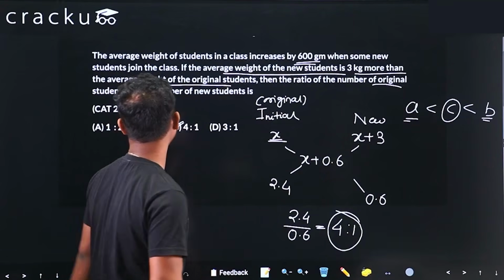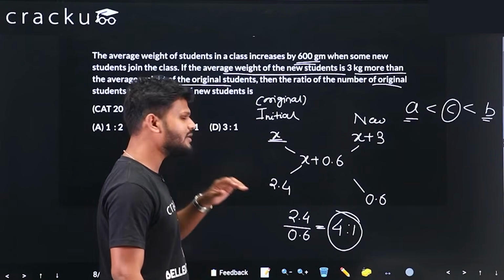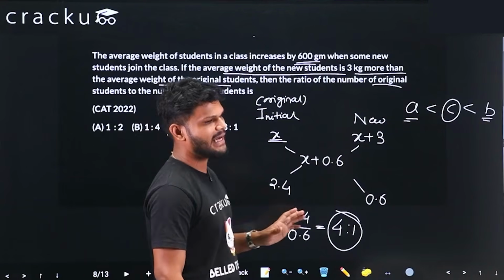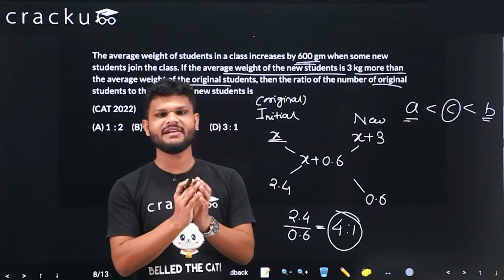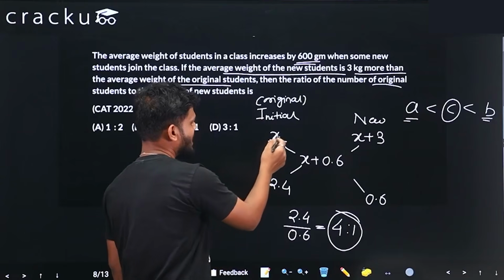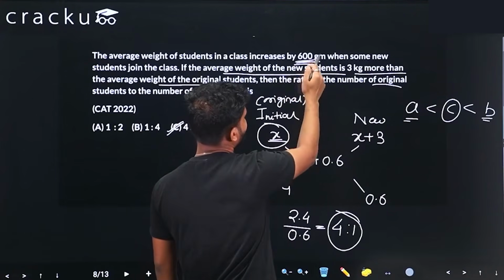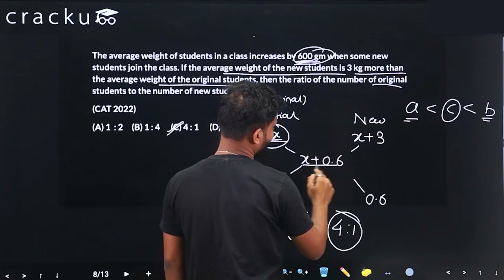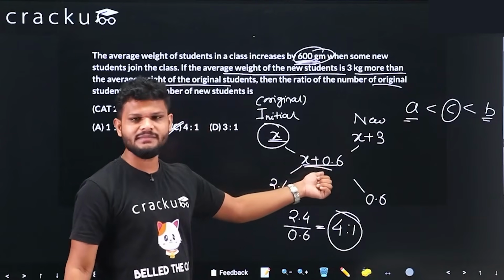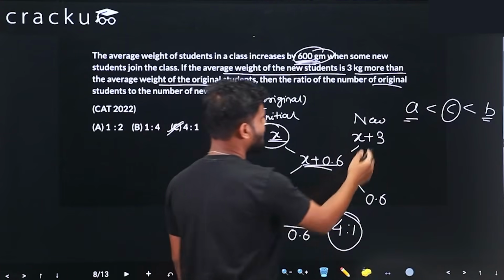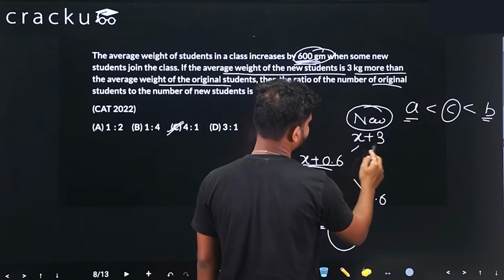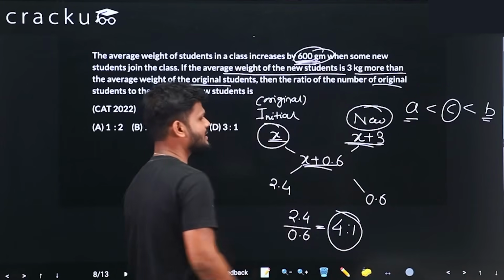What did we do in here? We didn't do anything. We know that whenever two groups mix, the average will be in between them. So we assumed the original group has average X, and the average increased and became X plus 0.6, because of some new students whose average is 3 kg more than the original one.